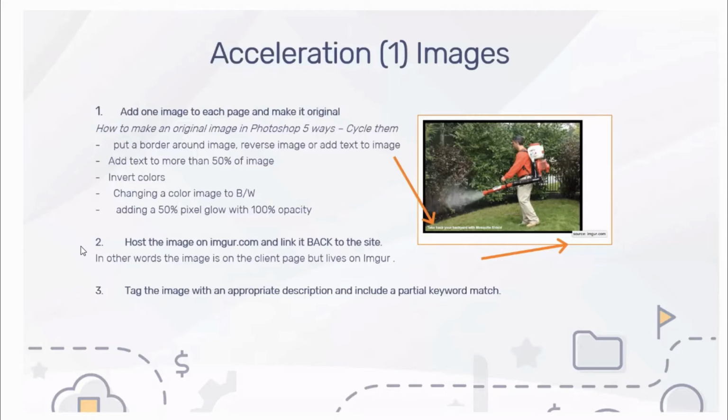They will not host the image on the hosting of the website, they will host the image on Imager.com, and the image will be retrieved to the website from Imager and will, quote unquote, link from Imager to the website, adding additional backlink value, and tag the images with an appropriate description, including partial keyword match.